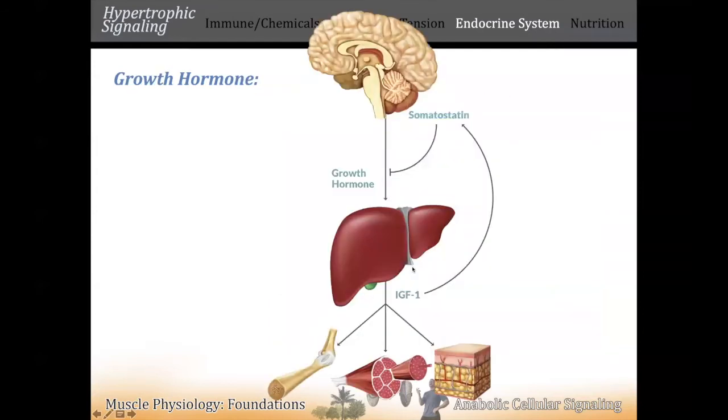Growth hormone, we talked a fair amount about in the last section. From the hypothalamic pituitary axis, from the anterior pituitary, we're getting our growth hormone. Then the liver response: from the liver, we're getting our IGF. So the hypothalamus, pituitary, liver, we get our IGF and our binding proteins, right?